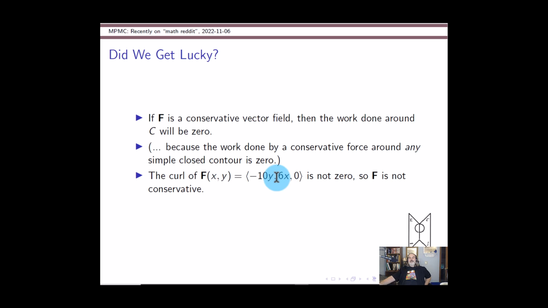Maybe it was intended to have a curl of 0, meaning that it would be conservative, but it isn't. This extra third component of 0 was put in there to take our two-dimensional vector field and place it in a three-dimensional universe so we could find its curl. I haven't shown you the curl, but the curl is not 0. Okay, so the vector field isn't conservative, so we cannot say for sure that the work done around that closed loop is going to become 0. We've got to dig for it.